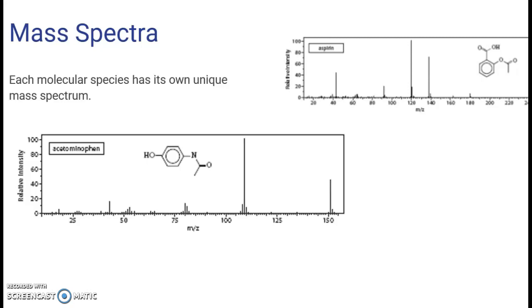It kind of looks like an earthquake graph. There's peaks and valleys, but each molecular species will have its own unique mass spectrum. So aspirin is up there at the top, and then acetaminophen, which is Tylenol, is down here at the bottom. And you can see that they have two totally different footprints, even though they do the same thing.